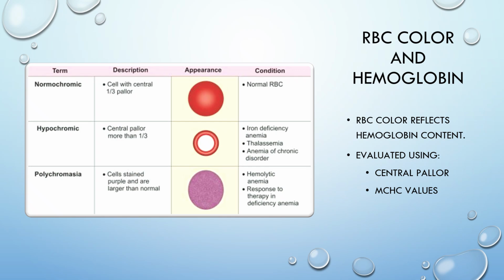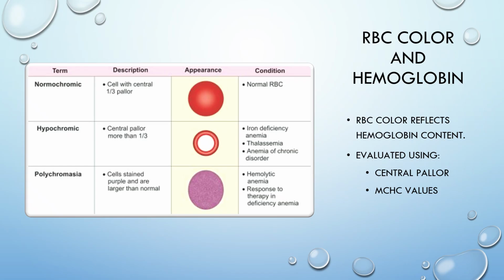Second, quantitatively using the analyzer's MCHC value, which reflects the calculated concentration of hemoglobin inside the cell. So again, we see this pattern in hematology. The microscope shows us morphology, while the analyzer provides the numbers. When both sources of information agree, interpretation becomes much easier. In this section, we're going to look at three key red blood cell color patterns you'll commonly encounter when reviewing smears.